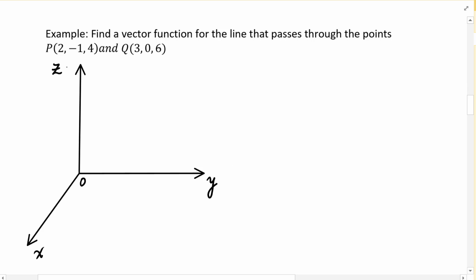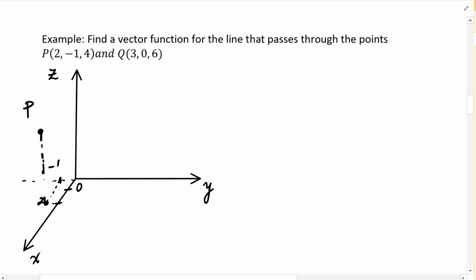P is of coordinates 2, negative 1, so that would be this way. And then 4. So let's say this is 4. So this would be P. Let's make this dashed. And Q is 3, 0, and 6.